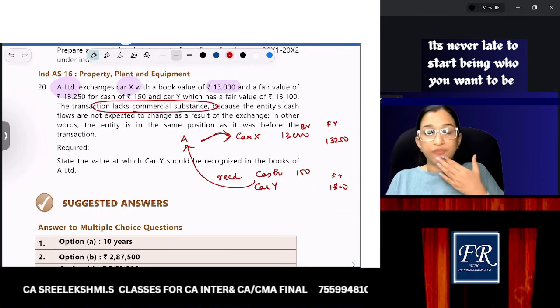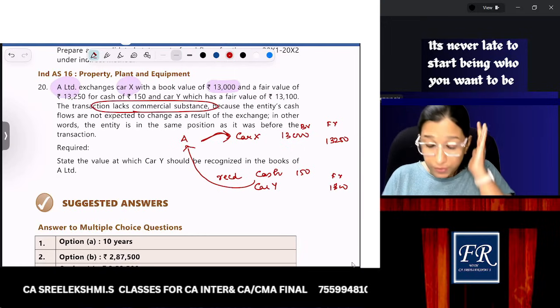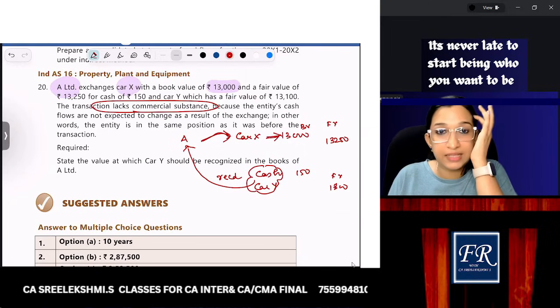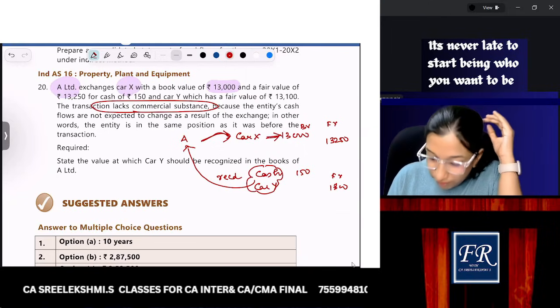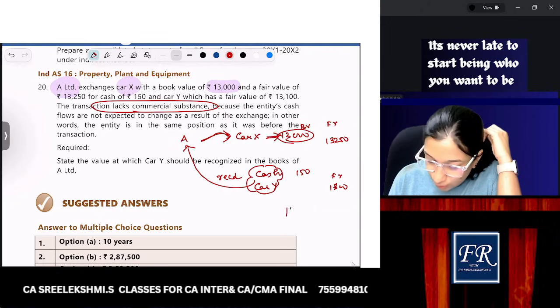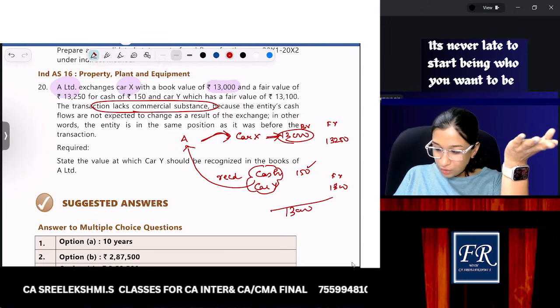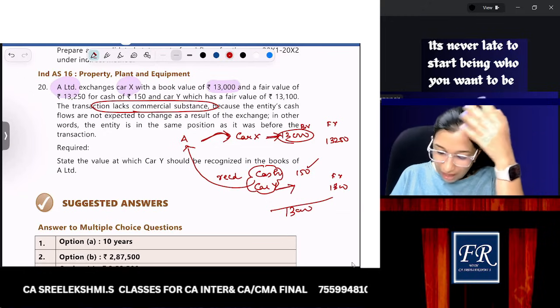Do you remember, if the transaction lacks commercial substance, new assets received will be recognized at book value of asset given up. Book value of asset given up is 13,000. So book value of assets received is cash 150. So what will be the value of car Y?